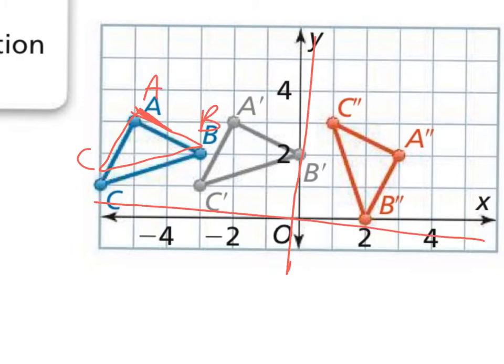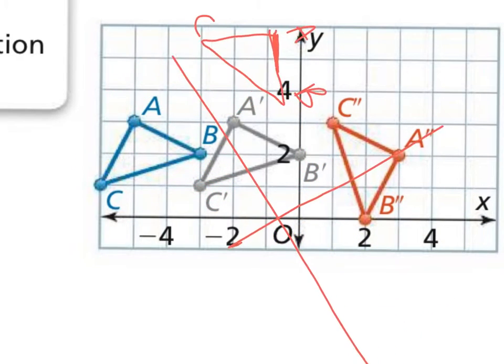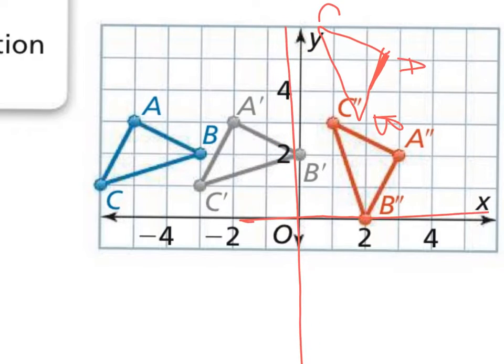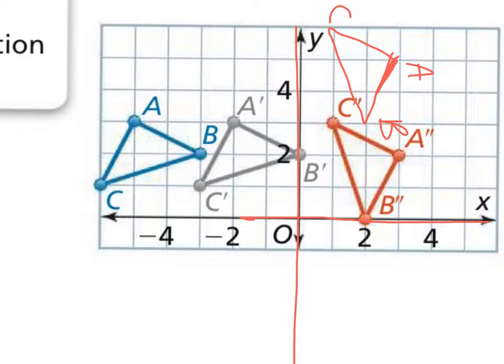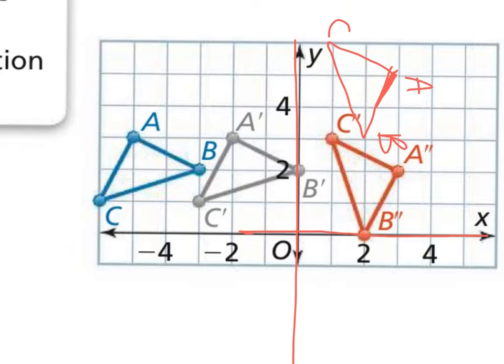And then I can try to turn this. So it looks like if I turn that, there's 90 degrees clockwise. So 90 degrees clockwise. Now, to me, it looks like it's positioned kind of the same.